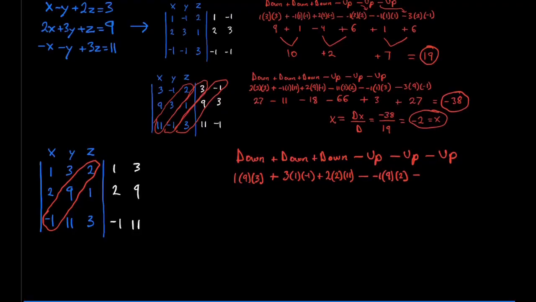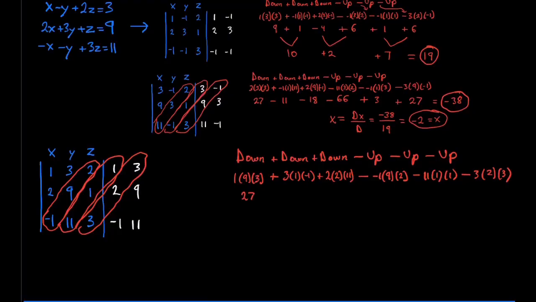And then we'll subtract the next loop here, starting at the 11. And then the last loop starts at the 3 and goes up. And then we'll simplify this.